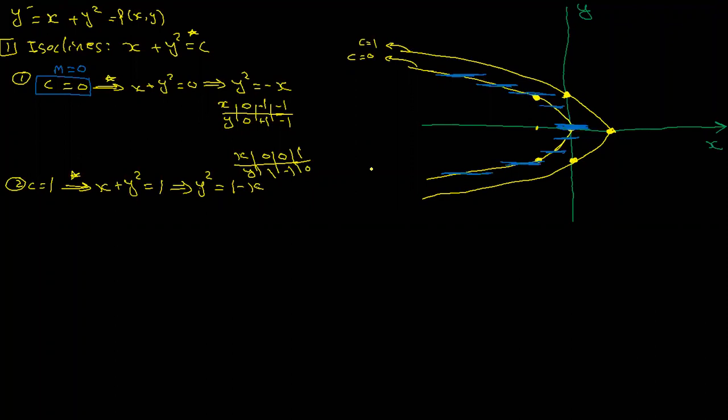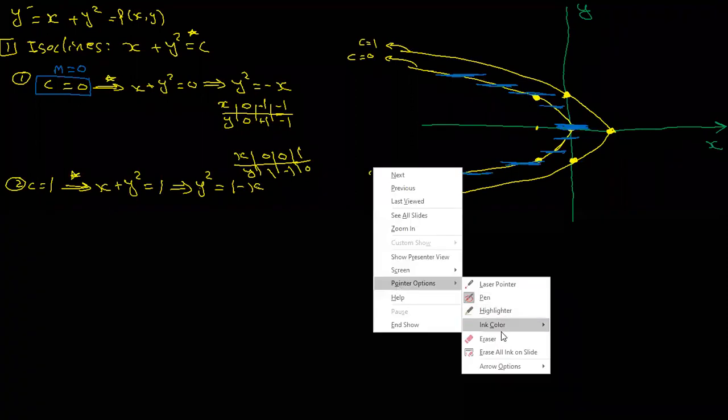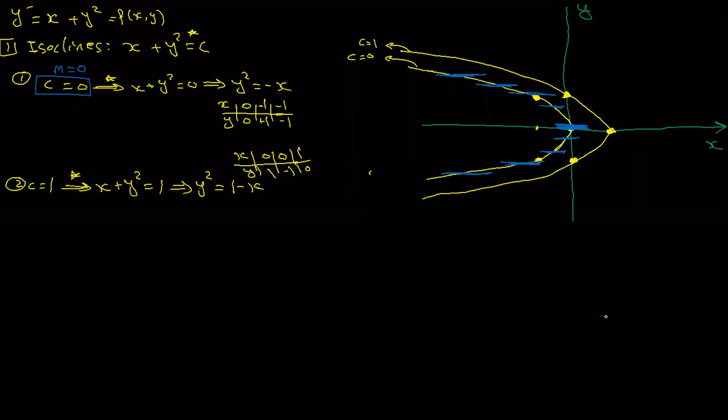On this parabola, you need to draw the slope field, which is small line segments with a specific slope. The slope now is 1. So the C is a constant and it's the slope. Now I need to draw on the new isocline the line segments with the slope 1.